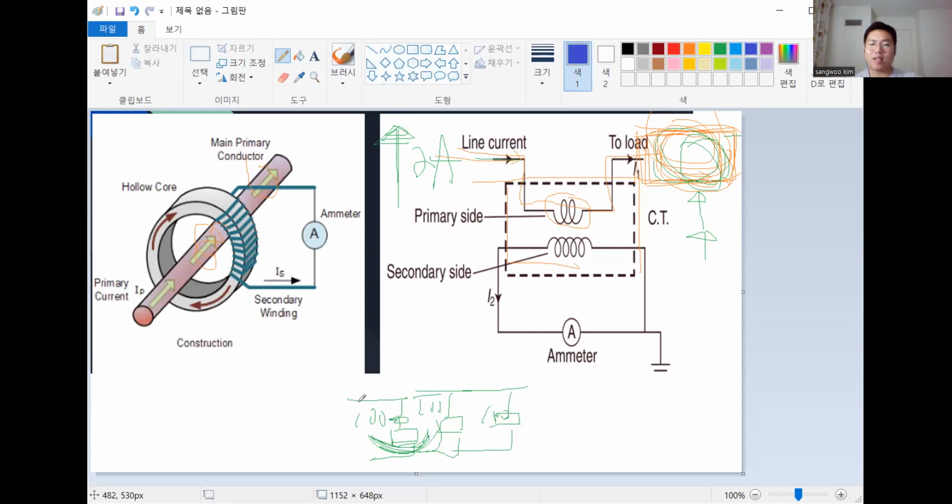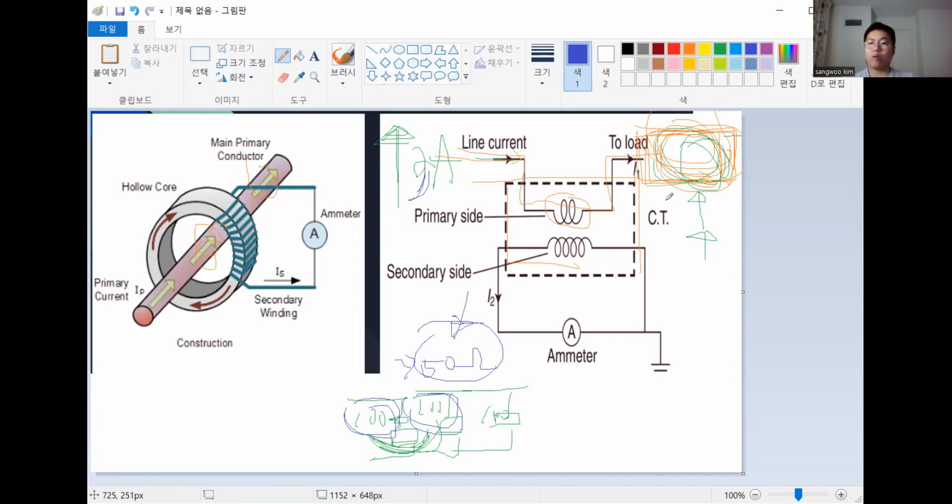So what I mean is, if it's 2 parallel 100 ohms, the impedance, the load's value is going to decrease if we add more load. Okay, so that's why the current is going to go up.